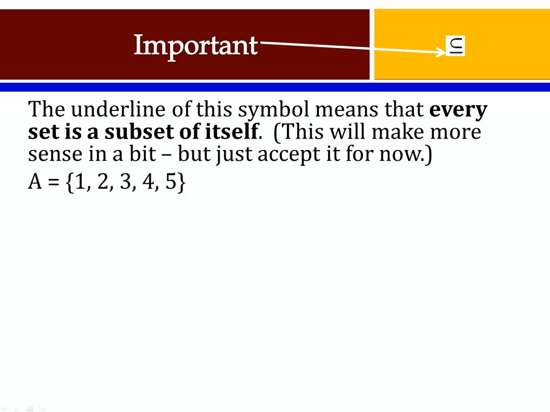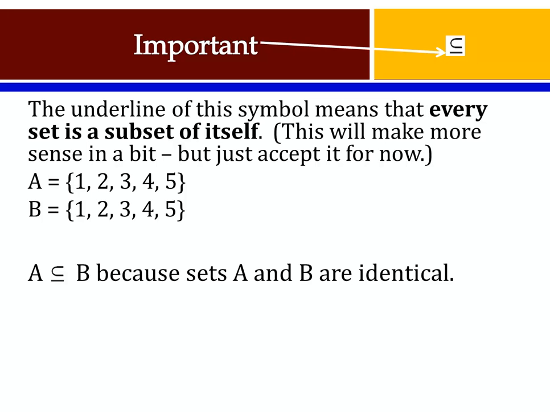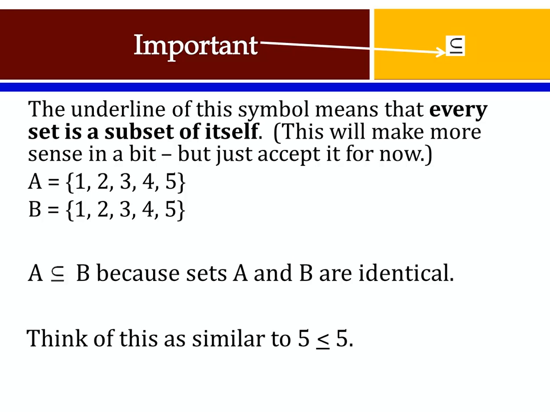So if set A has elements 1, 2, 3, 4, and 5, and set B has elements 1, 2, 3, 4, and 5, we could say A is a subset of B because sets A and B are identical. We could also say A is a subset of A because A is identical to itself. And think of this as similar to 5 is less than or equal to 5. When two sets are equal, they are considered subsets.